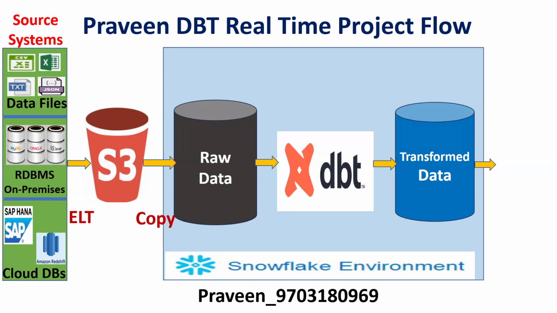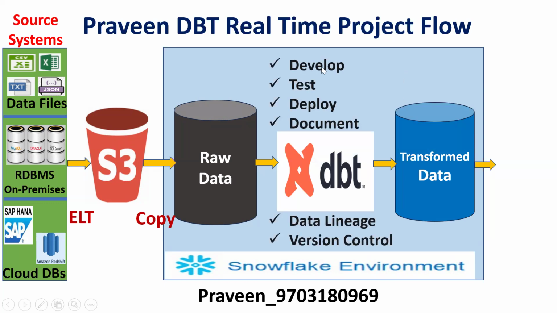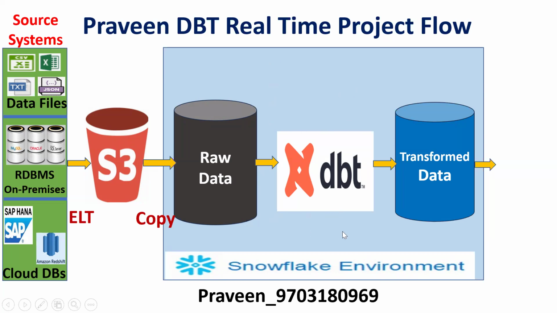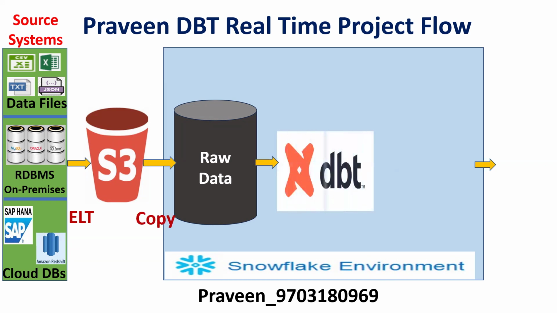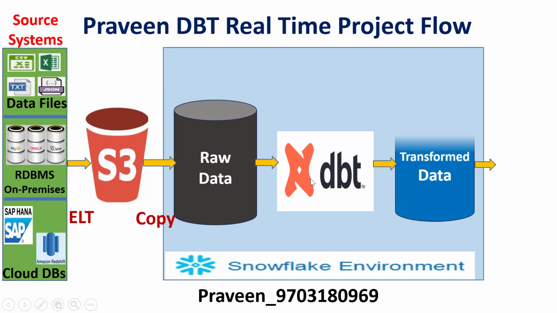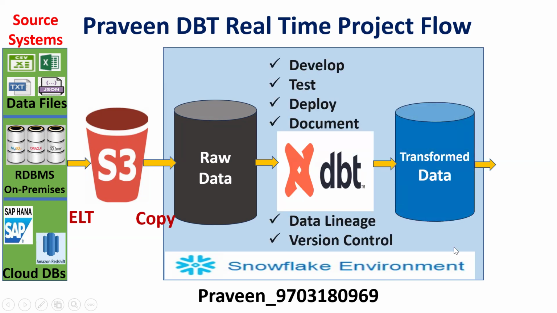With the help of DBT, I can perform development, testing, deployment, documentation, data lineage, version control. See, one more time, now the data is available and DBT is coming into the picture. It is not involved in the extraction part or the loading part. Only the transformation part is happening. With the help of DBT, I can perform development, testing, deployment, documentation, lineage, and version control.